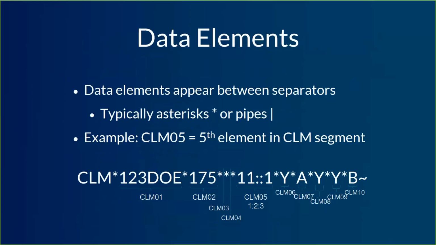So again, if there's no data, we're still going to hold the position. And then CLM05 subposition 3, we've got the 1. And when we write it out, usually we're going to do CLM05-1 or CLM05.1. Those are both common ways of indicating that there's a subposition present.